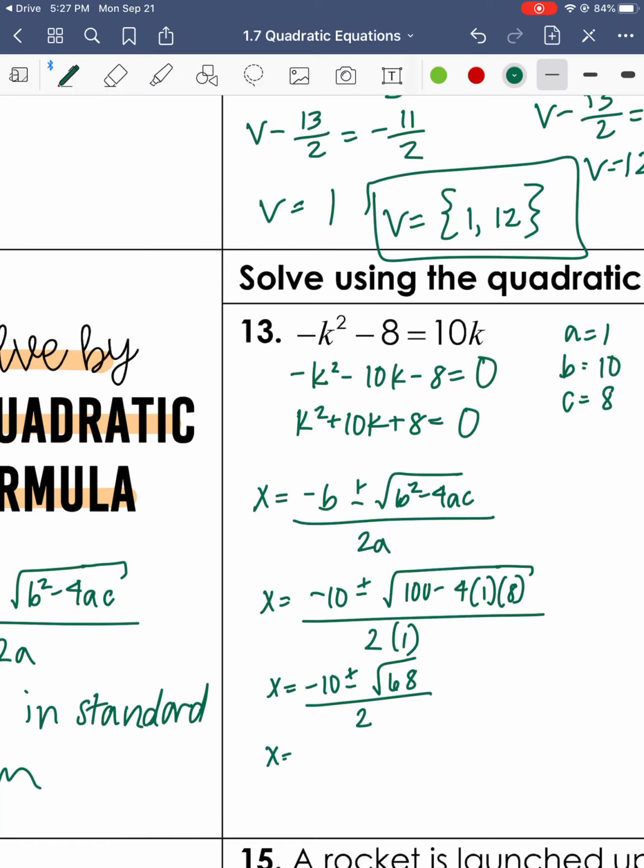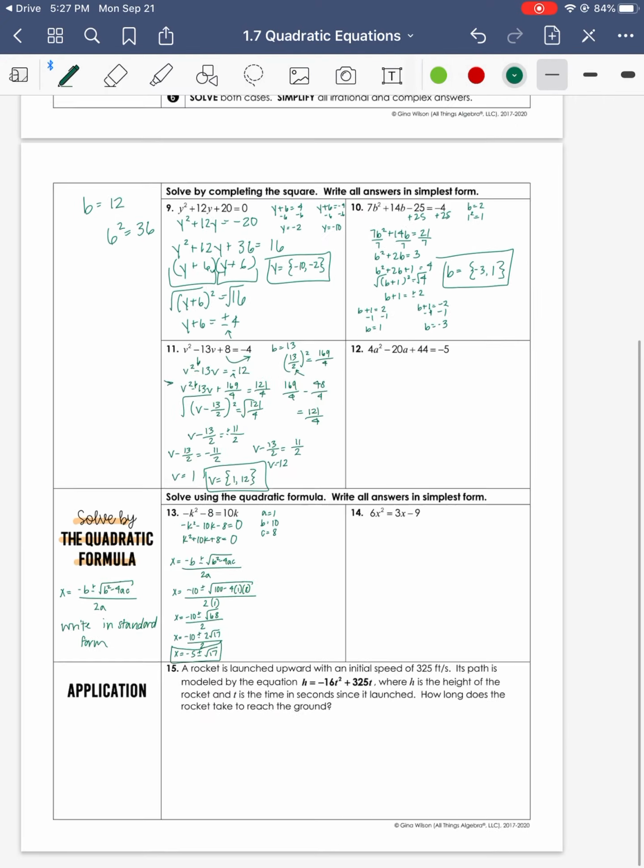So if we pull out a 4, that will be a 2, so we get x is equal to negative 10 plus or minus 2 root 17, over 2. We can divide each of these constants by 2 to simplify this a little bit. Negative 10 divided by 2 is negative 5, plus or minus 2 divided by 2 is 1, so we'll just write that as root 17. Okay, and that's actually going to be our answer here. Since we can't simplify this anymore, it's negative 5 plus or minus the square root of 17.